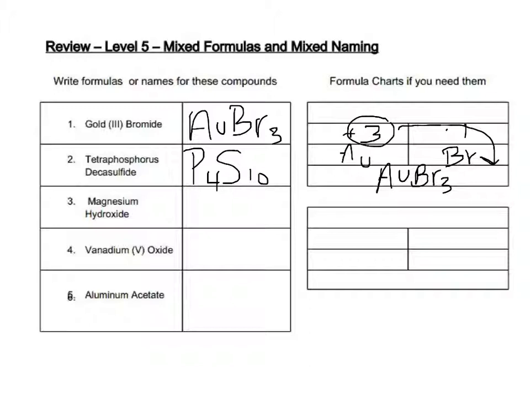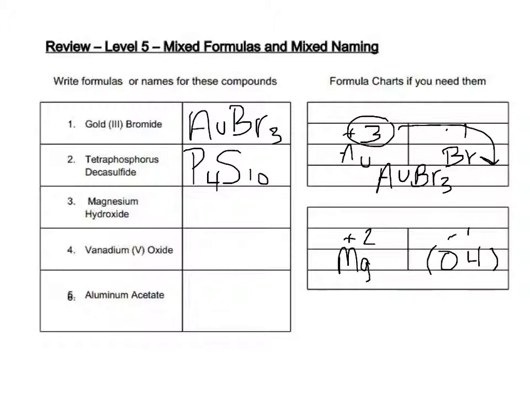Magnesium hydroxide. When you don't see prefixes, you know that you need a formula chart, so you're going to go off to the right, and you know that magnesium is Mg, the charge is +2. Hydroxide is OH, the charge is -1. We talked about putting parentheses right here, and that's just in case you cross a number over.